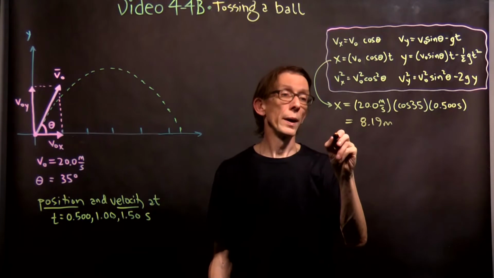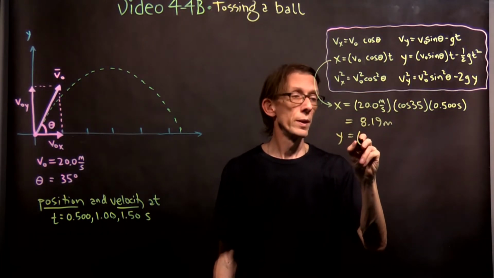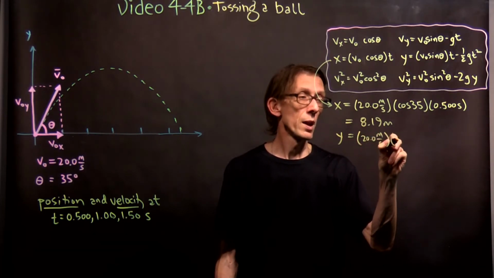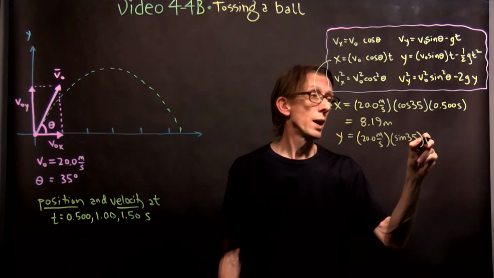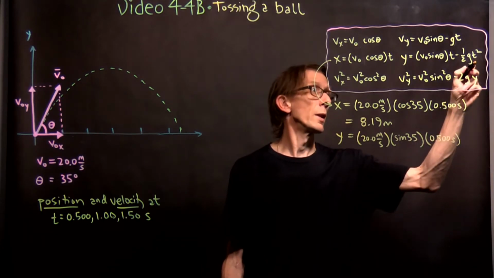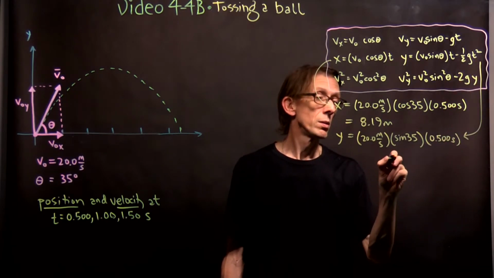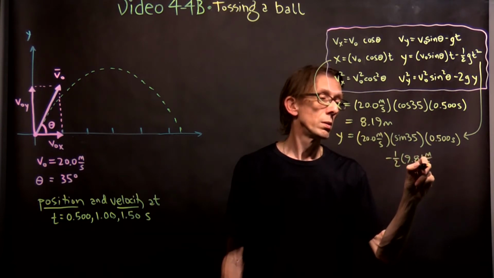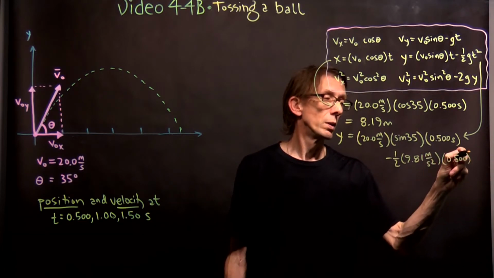We do the same thing for y, using again equation 2. So this is going to be v naught, which is 20.0 meters per second, times the sine of 35 times time, which is 0.500 seconds, minus 1/2 times 9.81 meters per second squared times 0.500 squared.